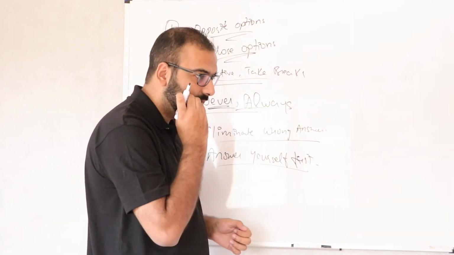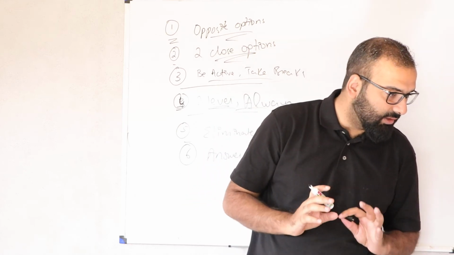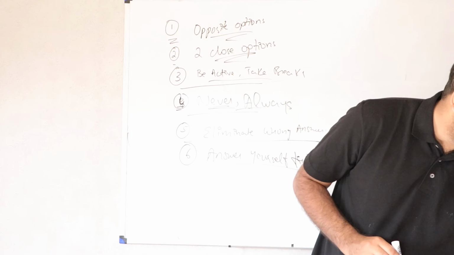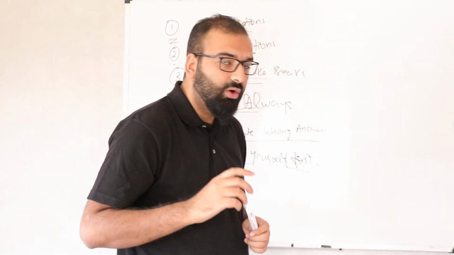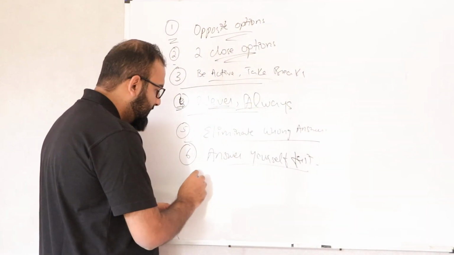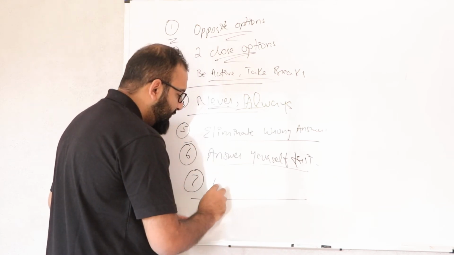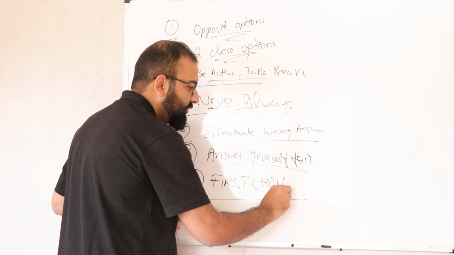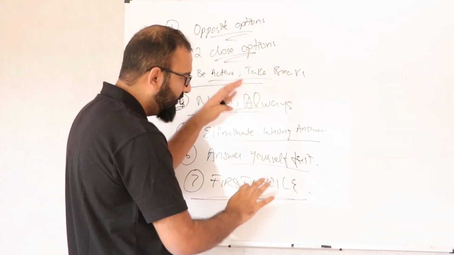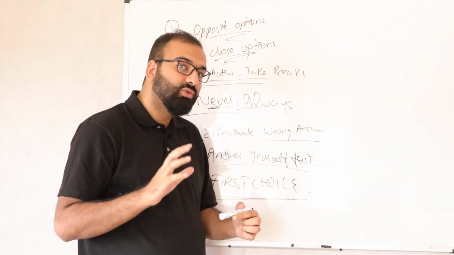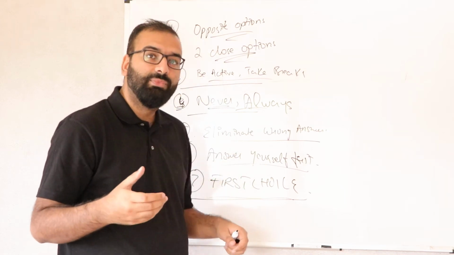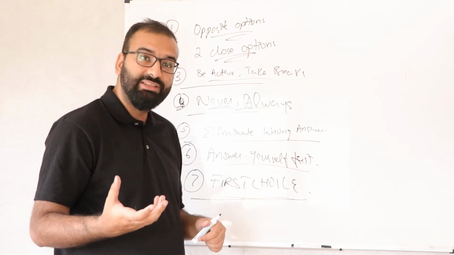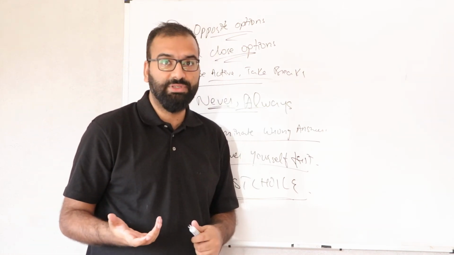So these are the first six very important tips. And finally, it's also important that your first choice is often the correct choice, because once you have done all this homework and you have reached a first choice answer, the statistics and the research shows that that particular first choice is usually the correct option.